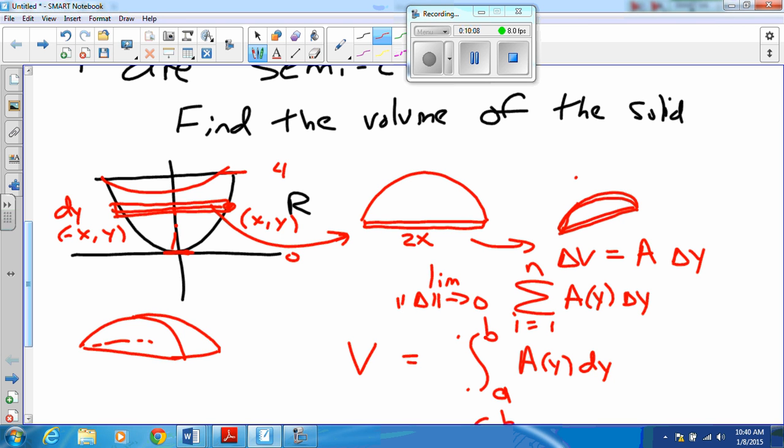And because I am working in y, it is necessary that I replace x with what it is. What is x if y is x squared? The square root of y, that's right. Technically plus or minus, but notice that we have symmetry here, and also we are using positive x values.